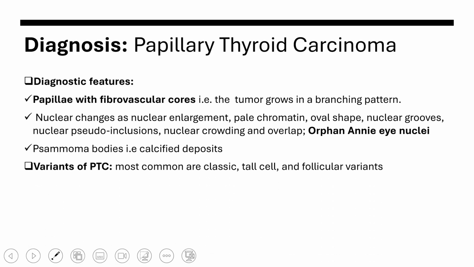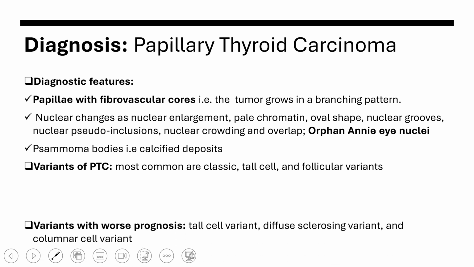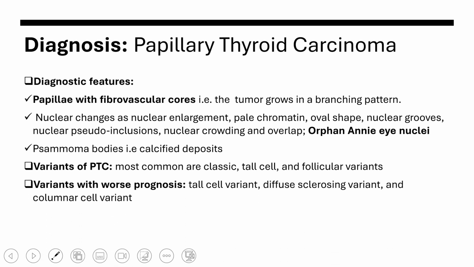The variants of papillary thyroid carcinoma include classic, tall cell variant and follicular variants. Along with these, there are many other variants, but the worst prognosis is seen in tall cell variant, diffuse sclerosing variant, and columnar cell variant.